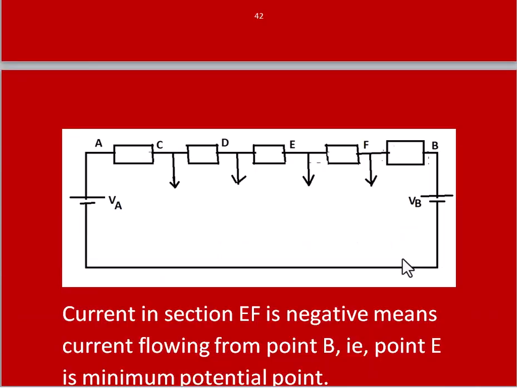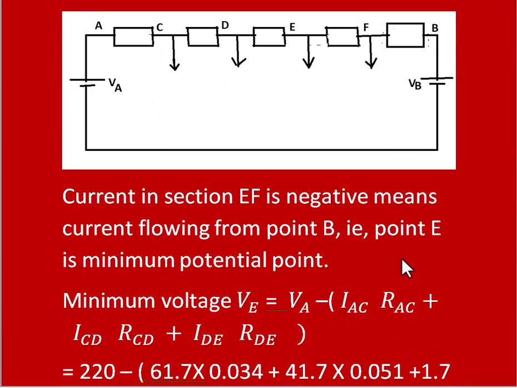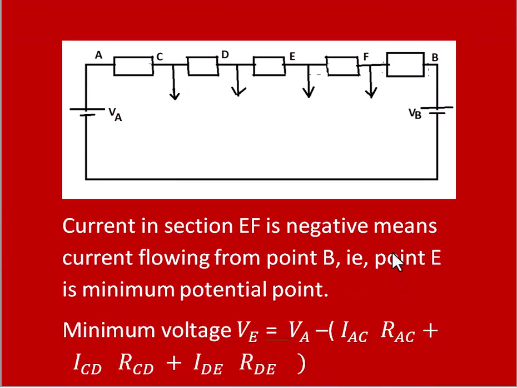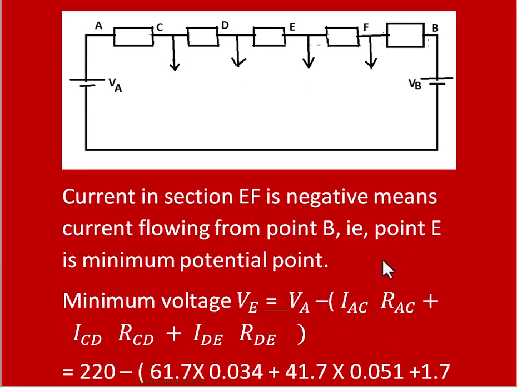Similarly, other section currents also we can calculate. But here current in section EF is becoming a negative. That means current is reversing instead of moving towards the point B. Means point E is the minimum potential point.